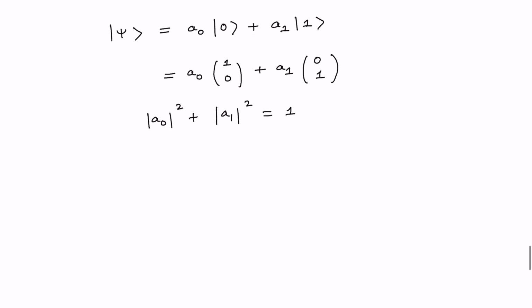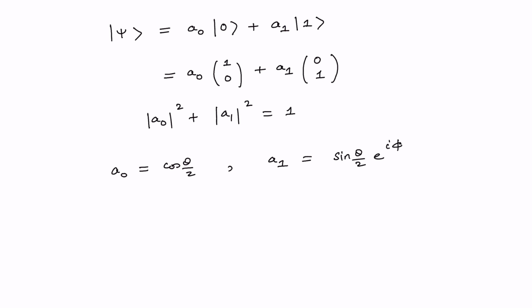Now because of this condition, I can take a_0 equal to cos theta by 2, and a_1 I can write as sin theta by 2 e to the power i phi.